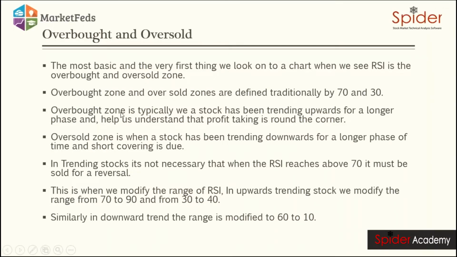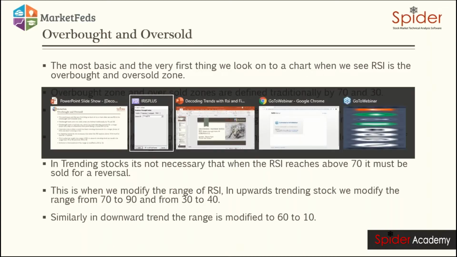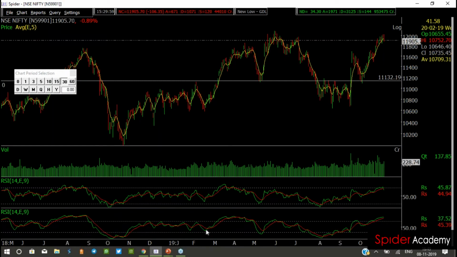Your overbought zone is typically when a stock has been trending upwards for a longer phase, and helps us understand that profit taking is around the corner. How do we understand that? Over here, if we see that the RSI has given us a crossover and it is moving upwards, and after this we get a negative crossover and it went down, profit taking has happened over here.